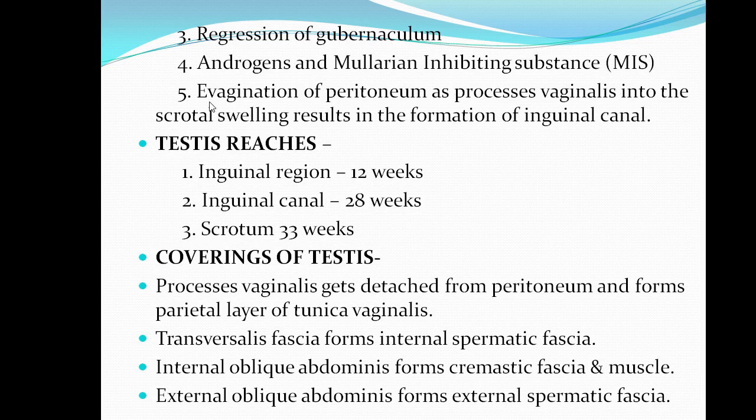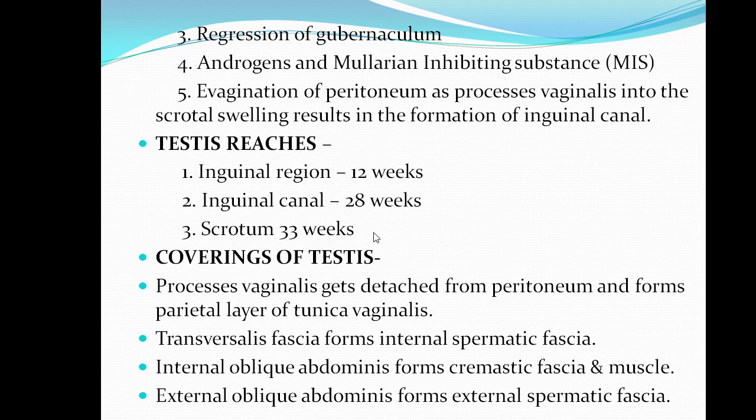Then evagination of the peritoneum as the processus vaginalis into the scrotal swelling results in the formation of the inguinal canal. The testis reaches the inguinal region at about 12 weeks, the inguinal canal at about 28 weeks, and the scrotum at about 33 weeks.